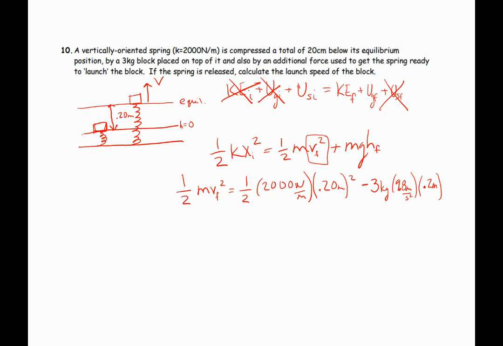And so when I go ahead and calculate all of this out, I solve for, because this mass is going to be 3 kilograms, I'm going to bring my 2 over and my 3 over and take the square root of that.